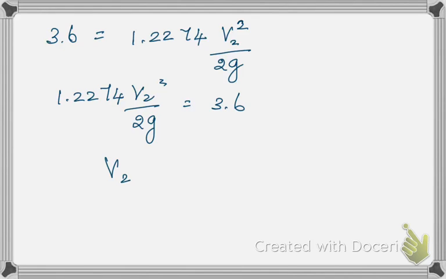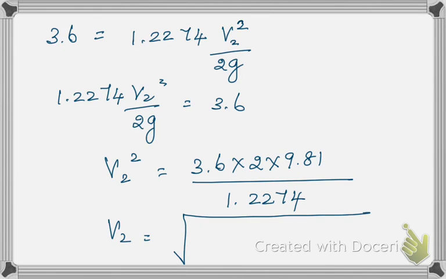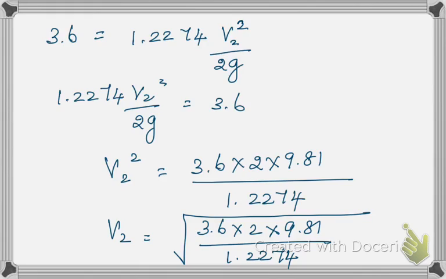So V2 square will be equal to 3.6 into 2 into 9.81 divided by 1.2274. Now V2 will be equal to root of 3.6 into 2 into 9.81 divided by 1.2274.